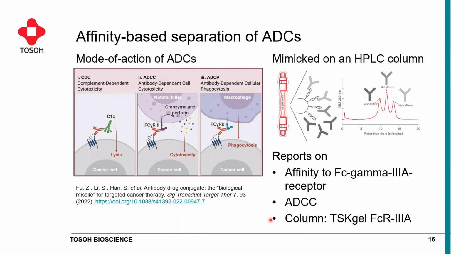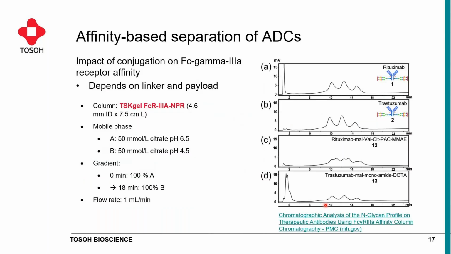Now, we use this specific column with that receptor, where the chromatogram that we get directly relates to ADCC for different antibodies and antibody-drug conjugates. This is what we see here. These are the first two lines, just rituximab without conjugation and trastuzumab without conjugation.